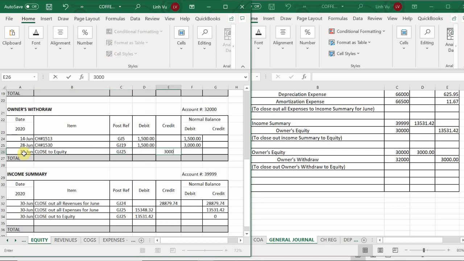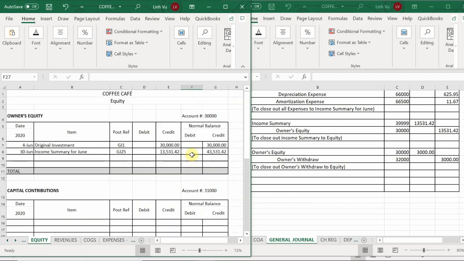Which is the $3,000, which should give you an account balance of 0. Okay. And we're going to take that amount and debit it into our owner's equity. Actually, you could just write owner's withdrawal.